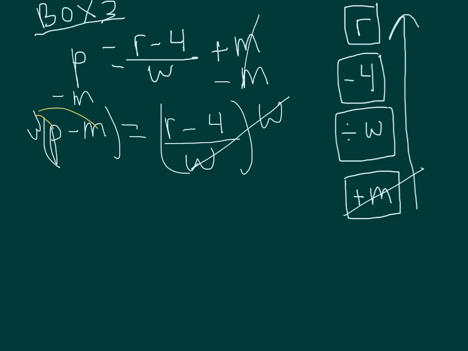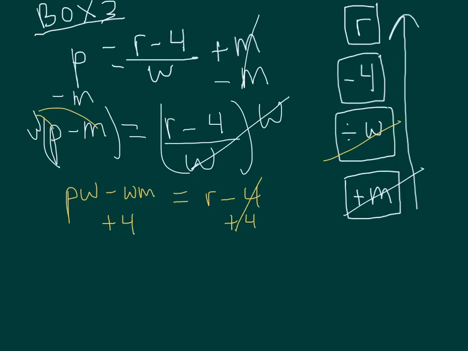So I get pw minus wm equals r minus 4. So that takes care of that step. Now the first thing they did to r is subtract 4, so we're going to add 4 to both sides. So plus 4, plus 4.